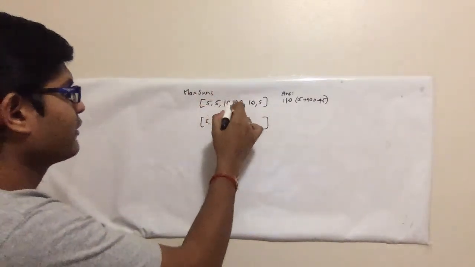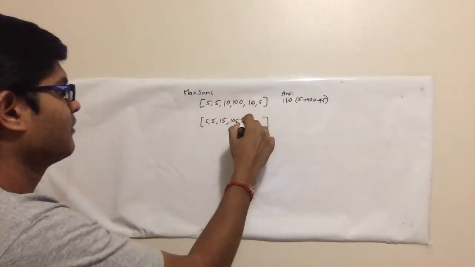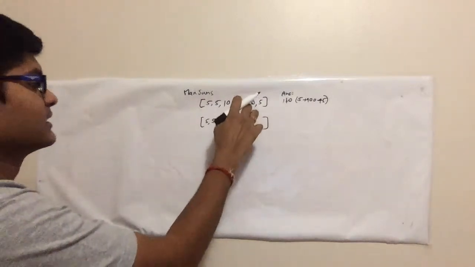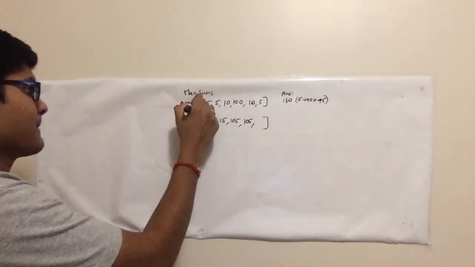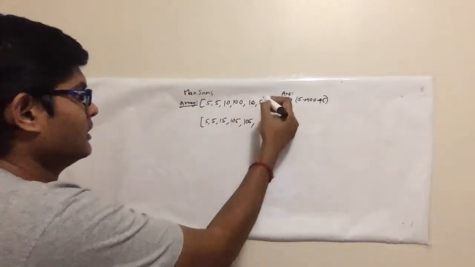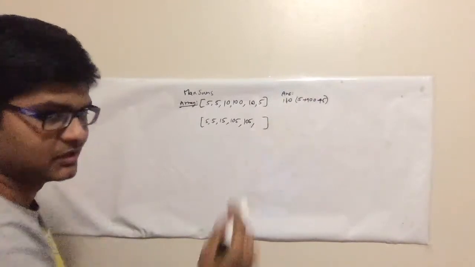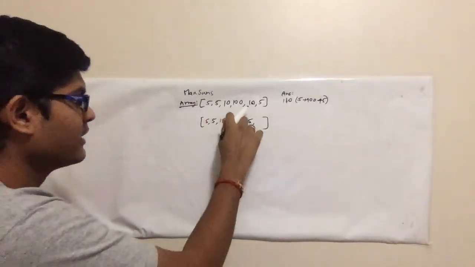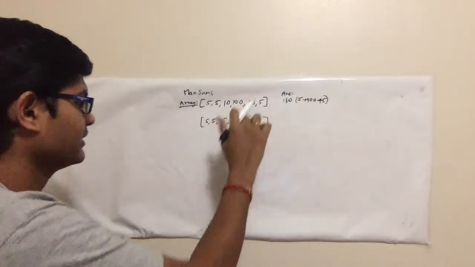Finally, the maximum sum is 5 plus 100, 105, up to the fourth index of the given input array. This is the given input array. Just as a matter of fact, I am highlighting that we haven't added this 10 in this sum. That is one point to consider.